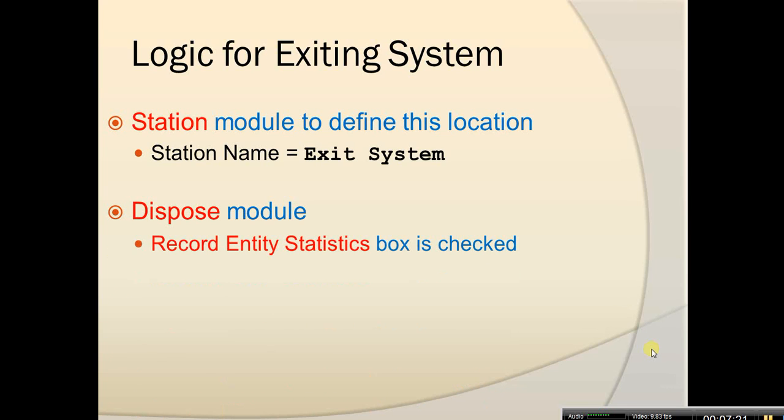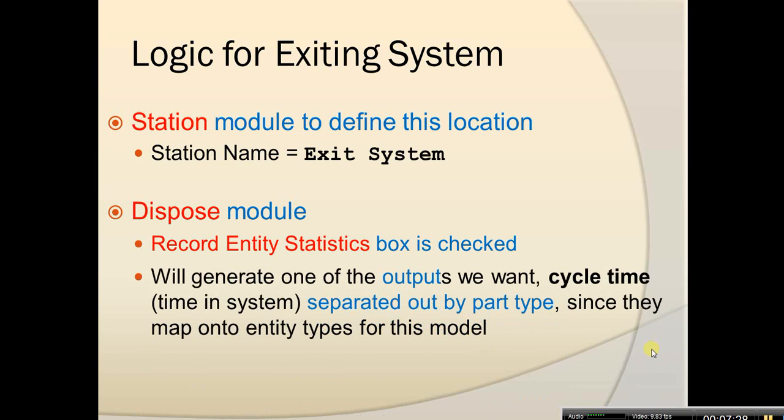and we also have the dispose module to dispose of the parts, and we'll select the record entity statistics so that we can get the statistics collected. This will generate one of the outputs that we want, specifically the cycle time for the total time in the system for all the different types of entities that we define, which are specifically part 1, part 2, and part 3.